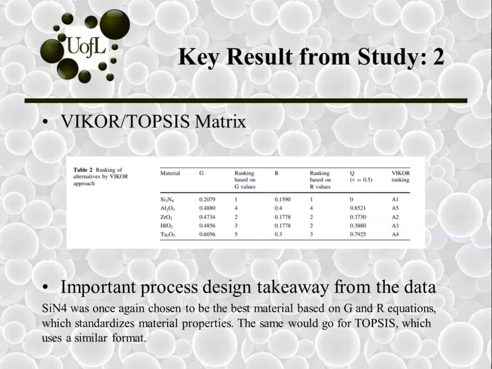In table 2 you see the material, and then G, R, and Q were different equations that were put in. On the very right you can see the ranking. V-Core and Topsis both agreed with Ashby's, and Si sub 3 N sub 4 was the best material chosen.